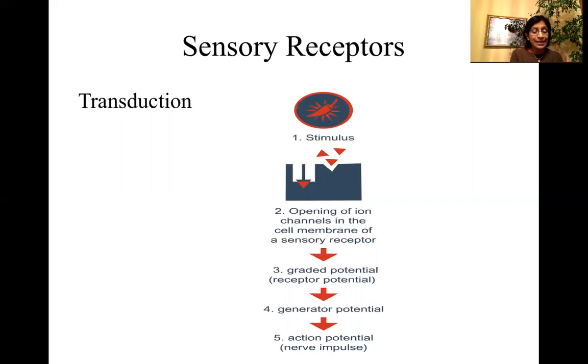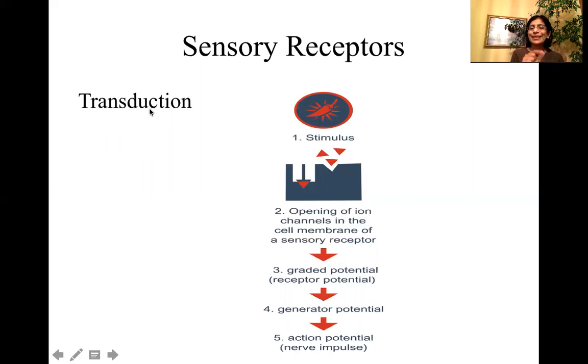So a sensory receptor has the ability to detect a change and then convert this signal to the language of action potential. And this process is what we call transduction.